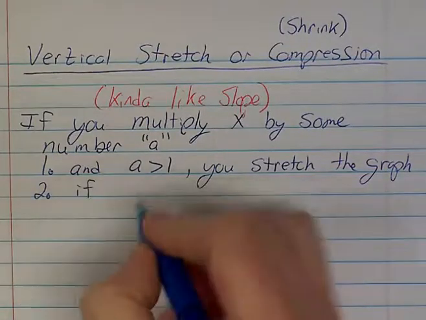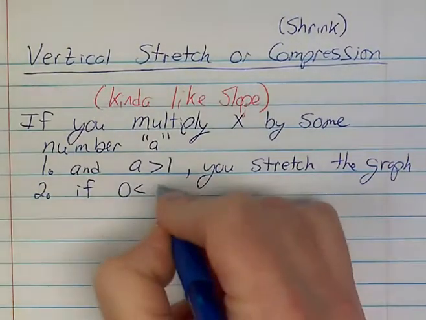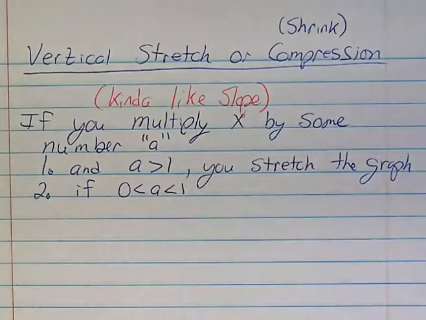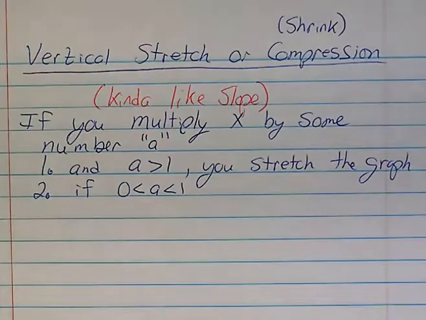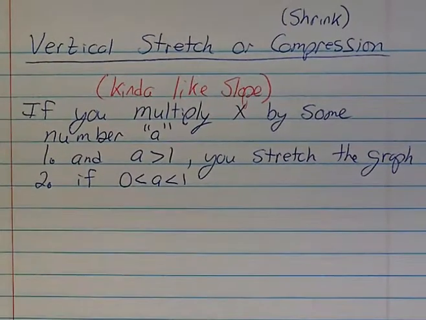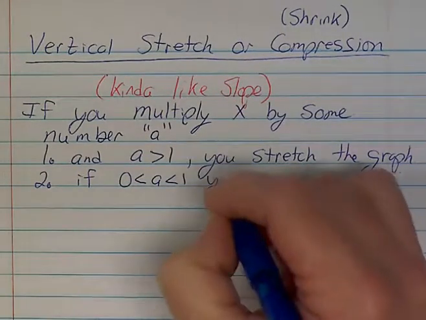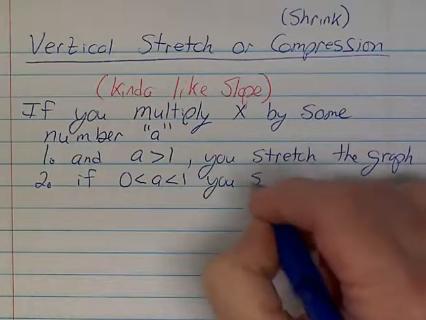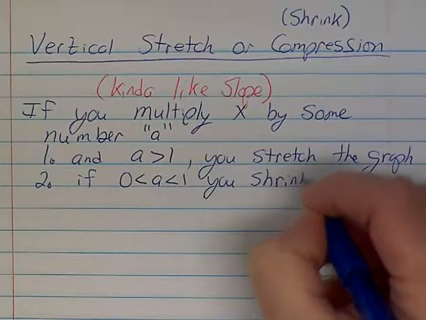Okay, and on the other side, if that a number is somewhere between 0 and 1, if it's a half, if it's a third, if it's a fourth, if it's 2/5, if it's anything between 0 and 1, you compress or you shrink the graph.